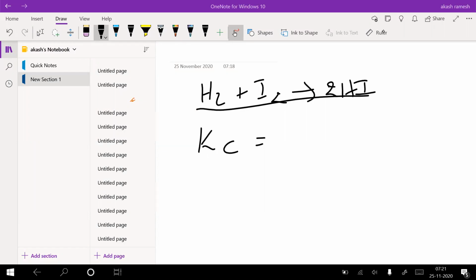If you find Kp, it's enough. Basically Kp and Kc are also related with a formula, I'll tell you how. Generally these are gases only, so it's better to talk in terms of Kp, but I asked Kc or Kp, whatever, no problem. What is important is whether you're understanding how to write the Kc or Kp equation.